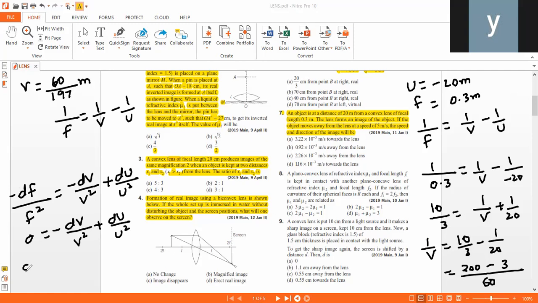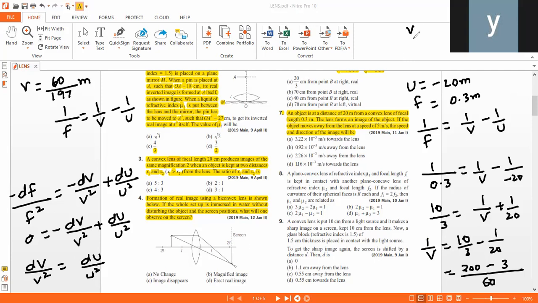So here what I can write is dv by v square is equal to du by u square. Divide by dt on both sides.